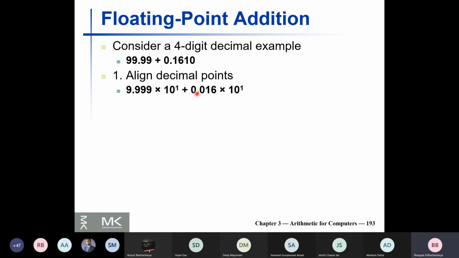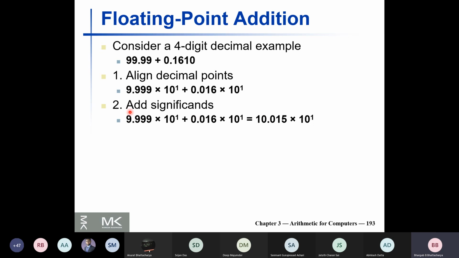So 10 to the power 1 here, and then let us keep this as follows. You take this point here, and so 10 to the power 1 here. So they become equal. And then you can possibly add this, right?